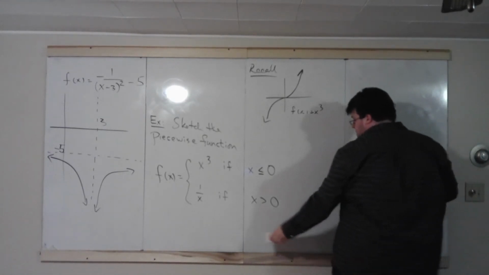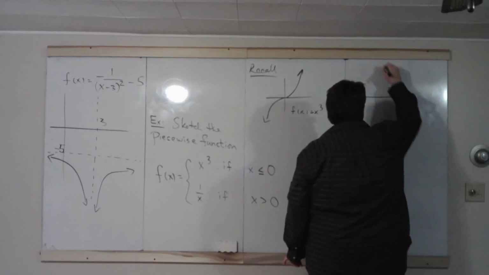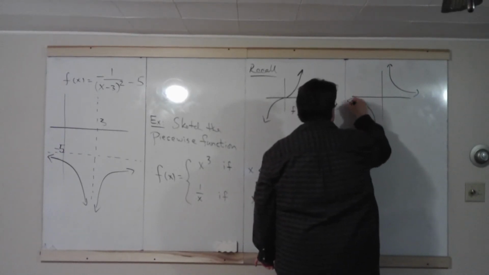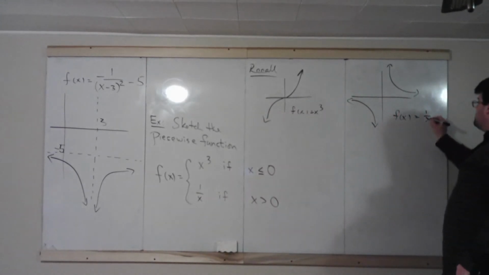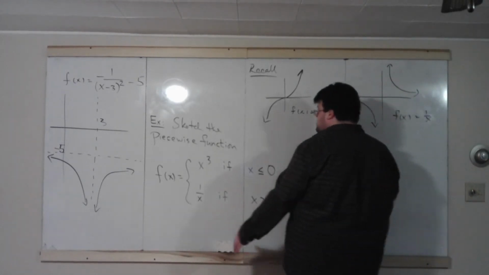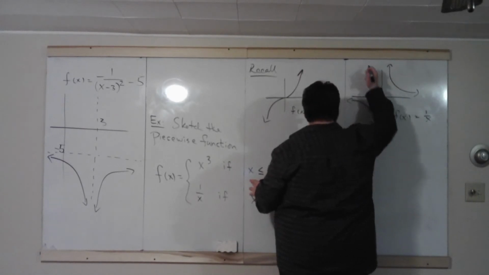Sorry, I should have drawn 1 over x. 1 over x looks like this. There we go. There's 1 over x.